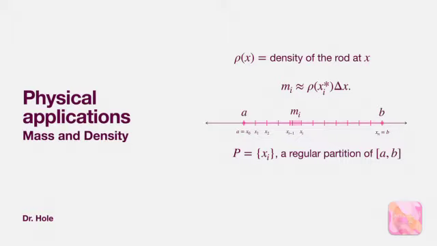We do that for each of the subintervals, add them together, and then we have a nice approximation of the mass of the rod. Looking at this, we have a sum of a function evaluated at arbitrary points times the length of each interval, so we're looking at a Riemann sum.